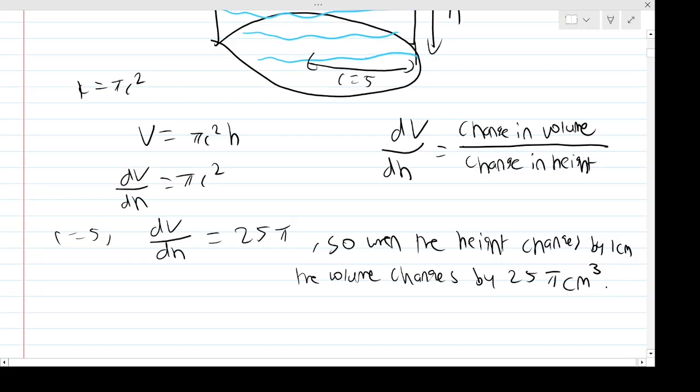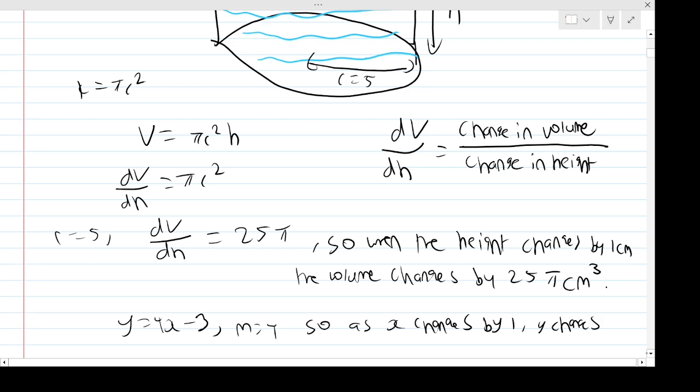It's very reminiscent of, for example, the line y is 4x minus 3, where the gradient is 4, which means as x changes by 1, y changes by 4. That's the whole idea of a gradient. It tells me when one variable changes, how much does the other variable change as a result.